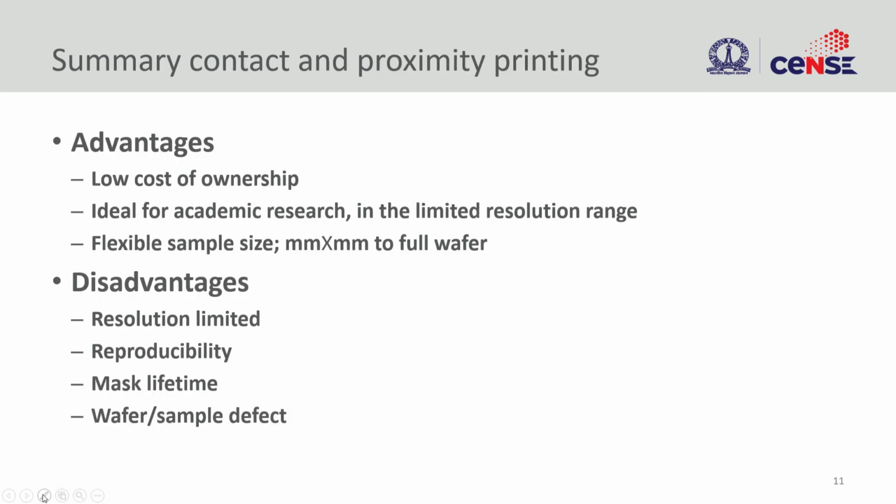And to summarize contact lithography and proximity printing, the major advantage of this system is that these systems are very simple to use. The cost of ownership, the amount of money that one needs to spend in maintaining these systems, is very low, and that's why we use it quite a lot in R&D and research work.